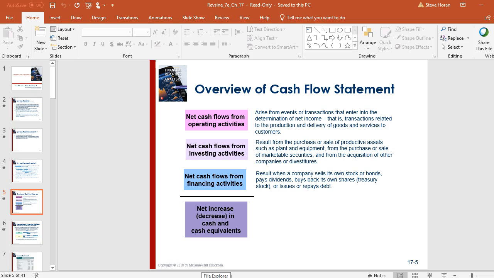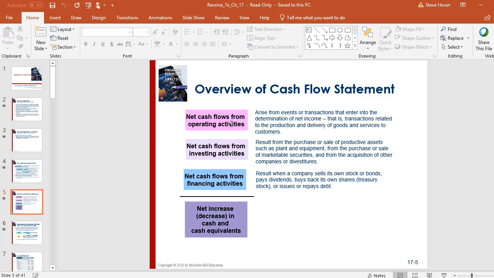So, overview of the cash flow statement. Again, remember I mentioned these: operating, investing, and financing. And I just want to remind you, with each section, where the vast majority of the data comes from to complete that specific section. So for the first one, net cash from operations, that deals with your income statement and the changes in current assets and current liabilities.